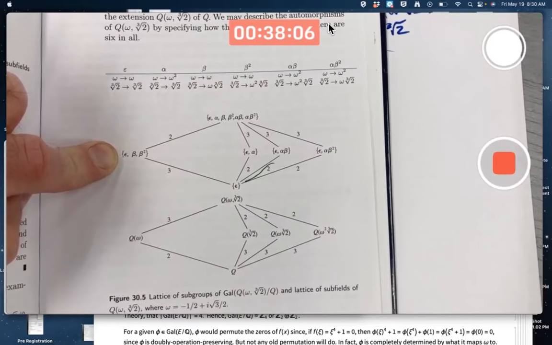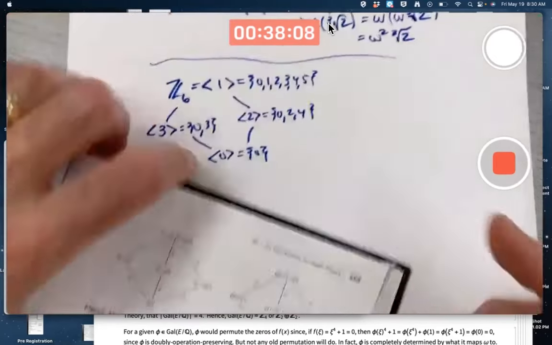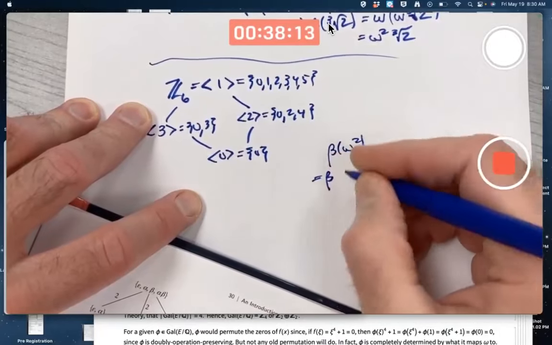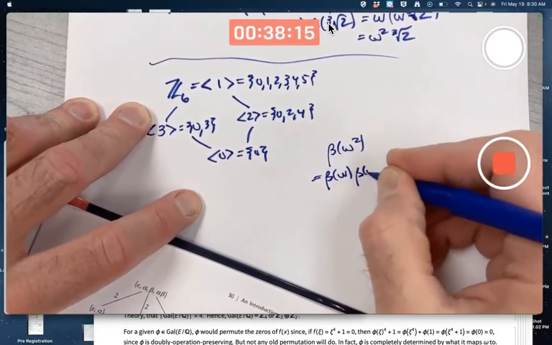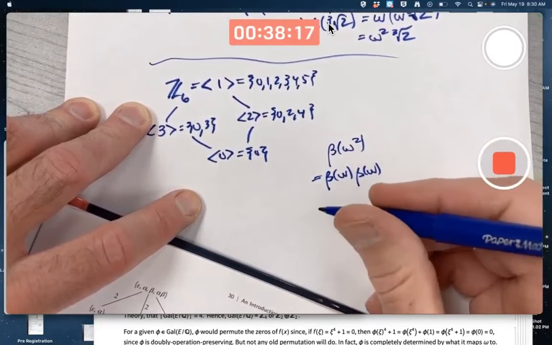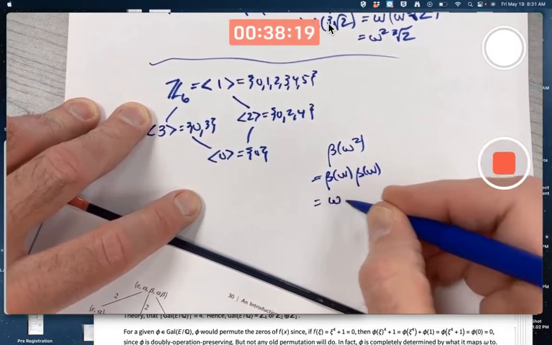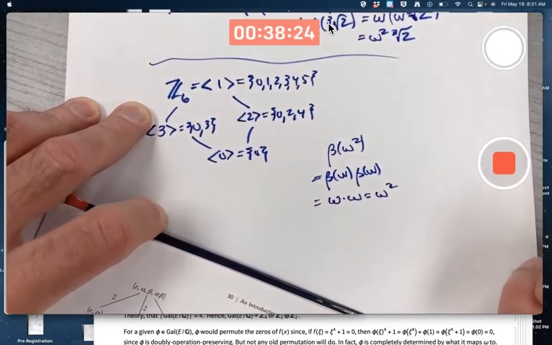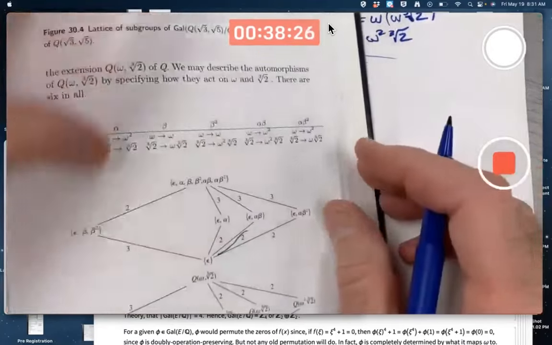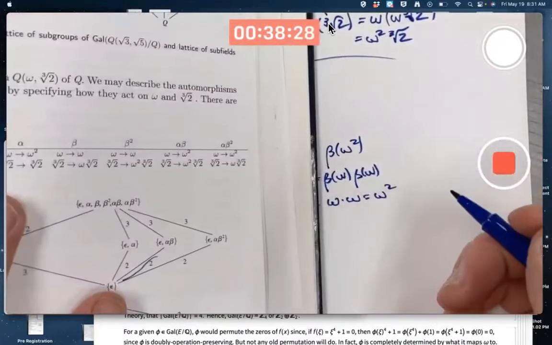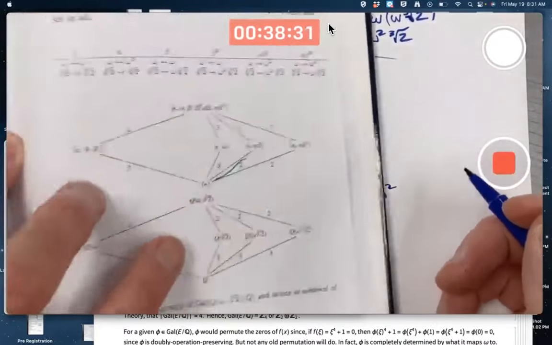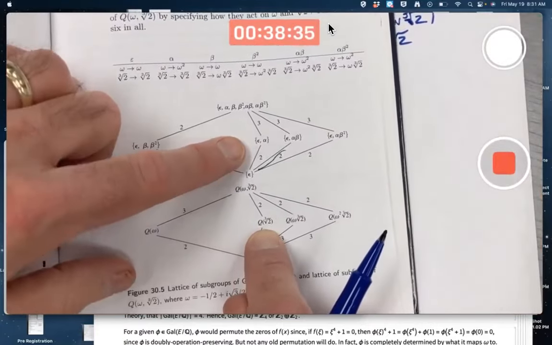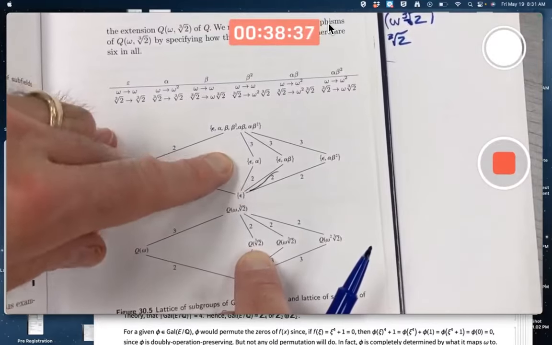Beta of omega squared is going to be beta of omega times beta of omega, because it's operation preserving and it's mapping omega to itself, so that gets mapped ultimately to omega squared. A similar kind of thing would happen with beta squared. This thing is evidently the fixed field of that.